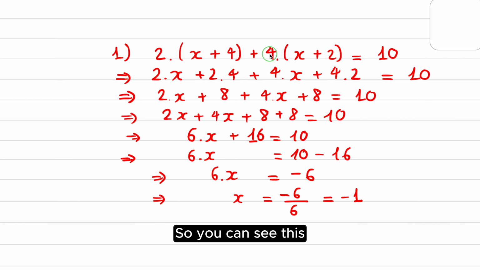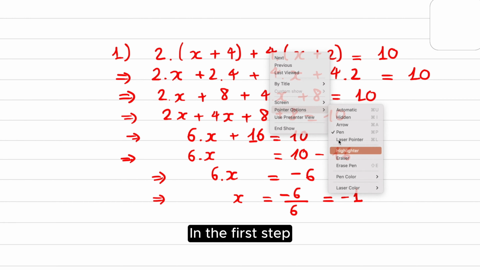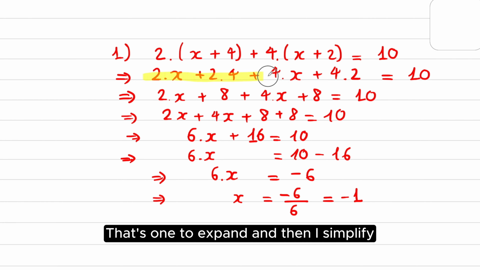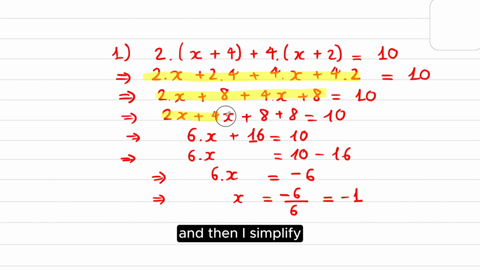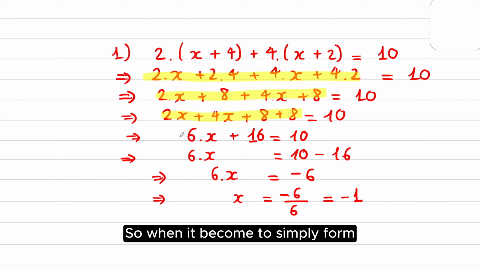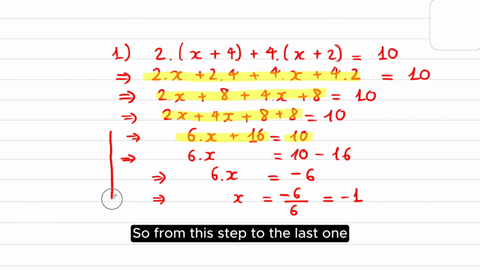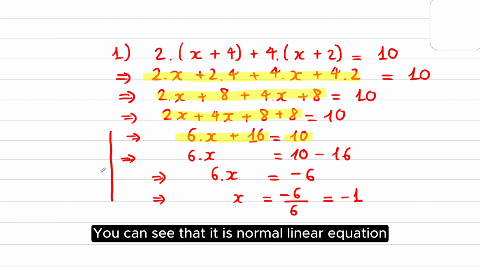You can see in the first step, we just want to expand, and then simplify. When it becomes the simplest form, it is a normal linear equation. From this step to the last one, you can see that it is a normal linear equation.